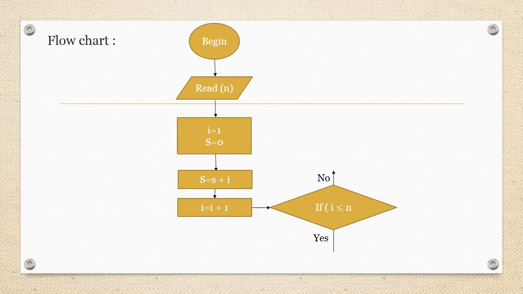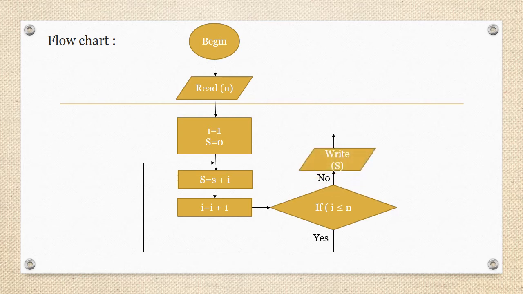Let's follow the yes path. Here's the operation that needs to be repeated and keeps repeating again and again till our condition becomes false. And here's the no part, or the false part. We print s, or our summation. And here our algorithm ends.